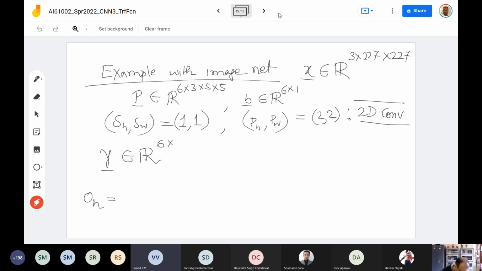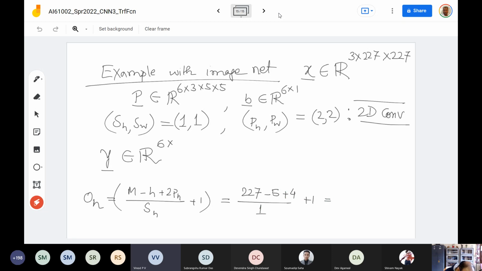So OH is going to be M minus H plus 2PH divided by SH plus 1. So 227, no? It should be 227. So this is 227 minus 5 plus 4 divided by 1 plus 1. What is that?